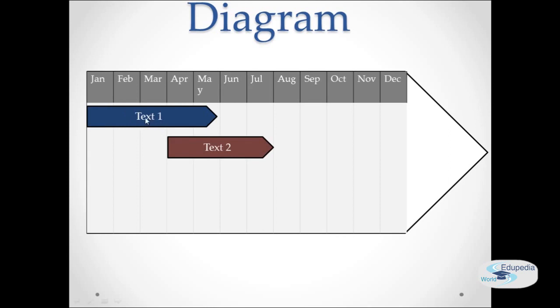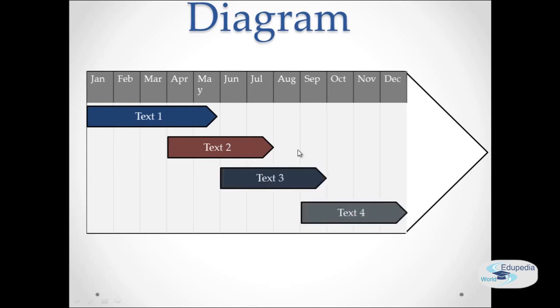If we are talking about this text 1, this phase, then it's going to be carried out between the months January to May. Similarly, for task 2, we have defined an area and a duration. So this is a way by which the timeline diagram can be shown.